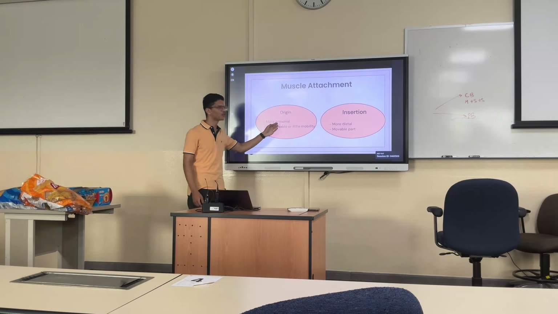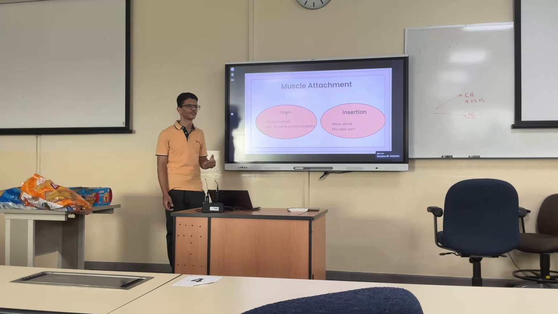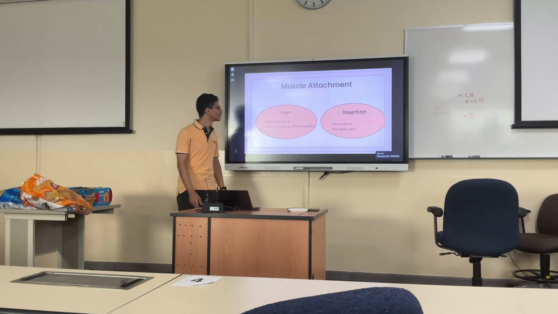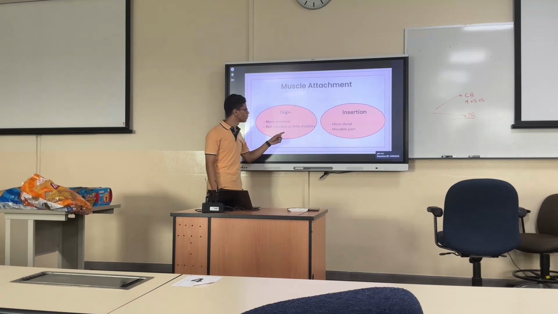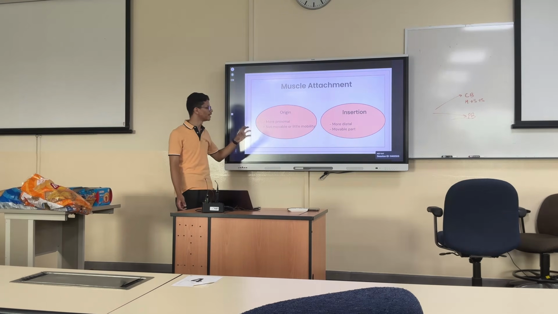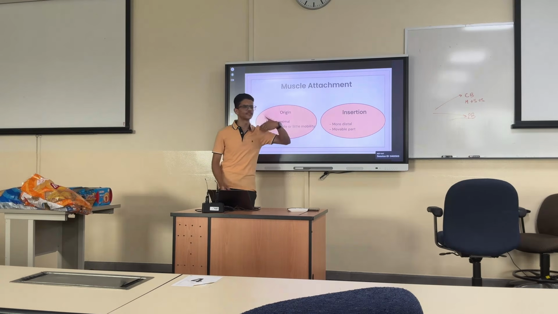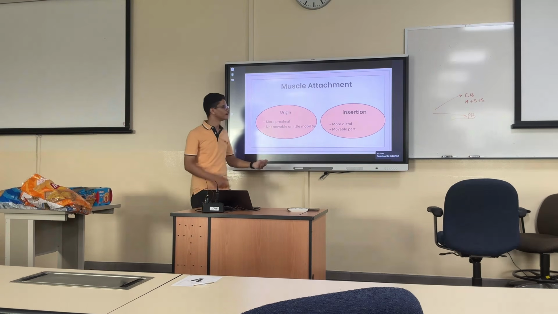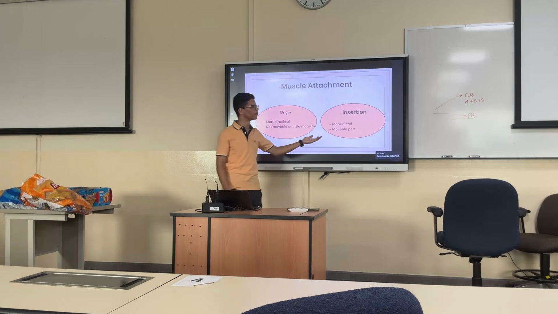Do you know the meaning of proximal? Exactly. So it's closer to the body. And it's not as movable. So it's not movable at all, or has little mobility. It depends on the muscle. While the insertion is more distant, so it's further away from the body compared to the origin, and this is the movable part.